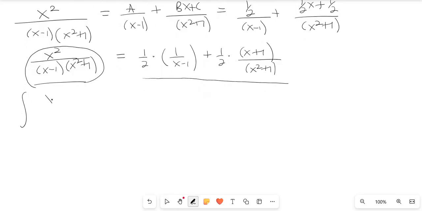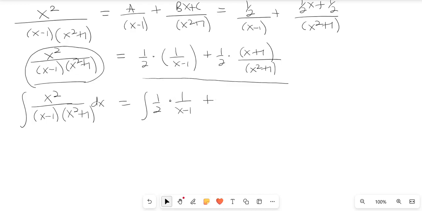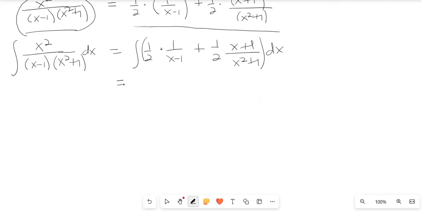The integral of x squared over x minus 1 times x squared plus 1 dx should be equal to the integral of 1/2 times 1 over x minus 1 plus 1/2 times x plus 1 over x squared plus 1 dx. So we can split this into 3 parts. First, 1/2 is a constant, so that one can come out of the integral sign.